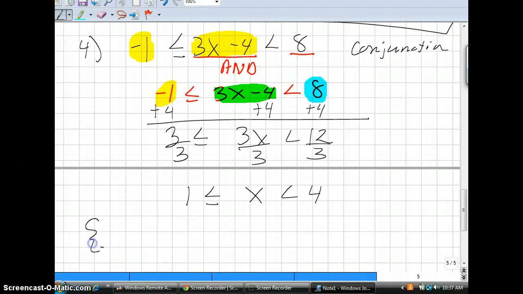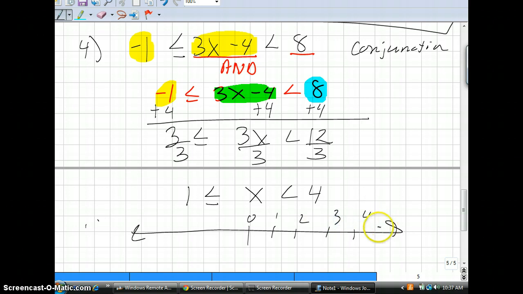So our solution set, well, let's draw the graph first. So here's 0, 1, 2, 3, 4, 5, and -1, -2, right? So this says x greater than or equal to 1, so that's a closed circle here.